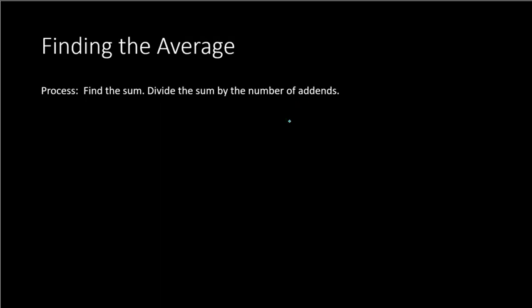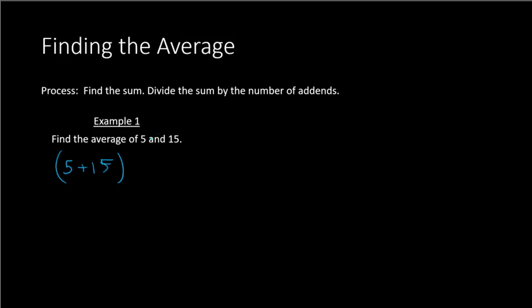So what does that look like? Well, here we have example 1, where we are told to find the average of 5 and 15. So again, the process is we're going to find the sum. So you're going to add 5 plus 15, and then whatever that is, you divide by the number of addends.